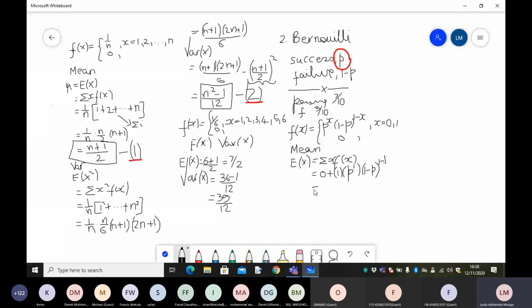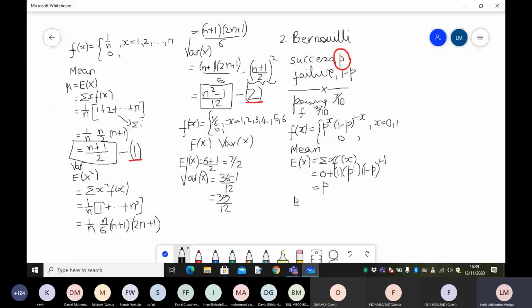So what will that give us? It will give us p. So for the Bernoulli distribution, the expectation of x, which is the mean, is equal to the probability of success, which is p.